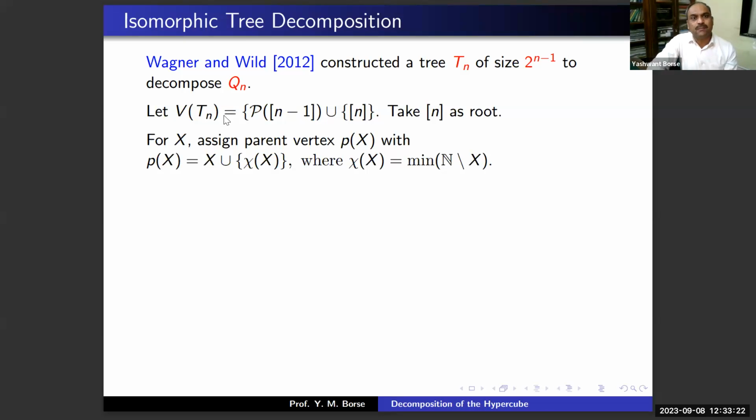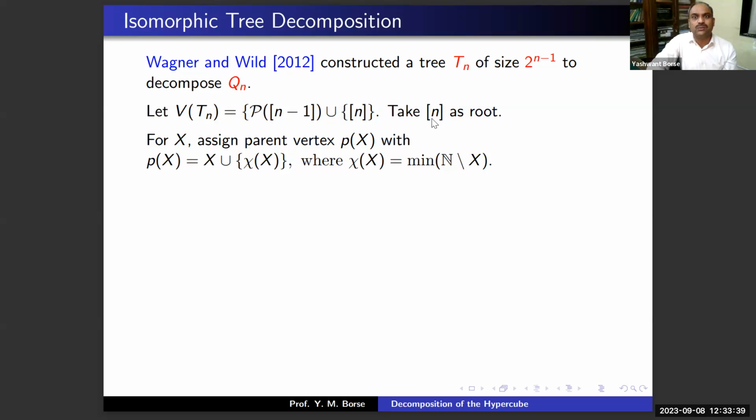The vertex set of this tree Tn will be the power set of n minus 1 union this singleton vertex, that is n. So this is the full set, 1, 2 up to n.